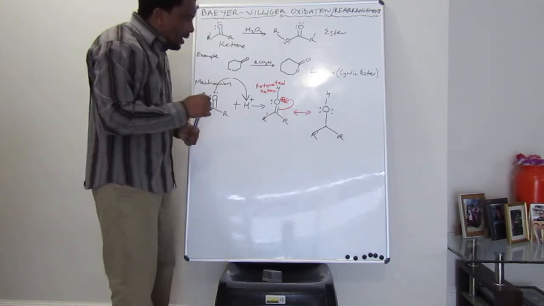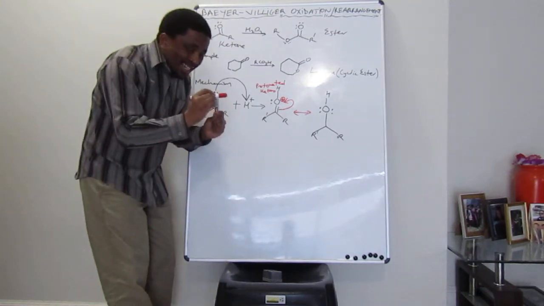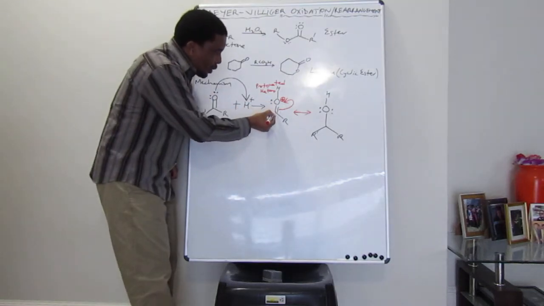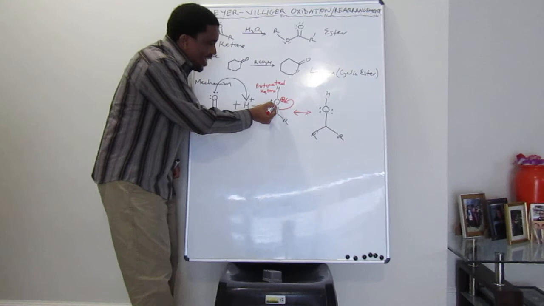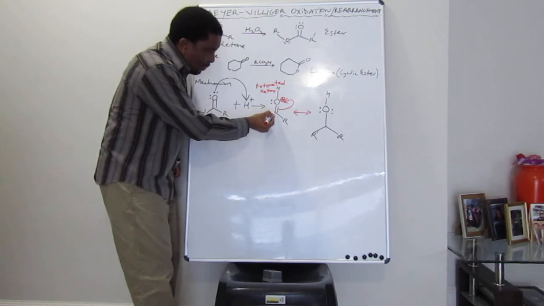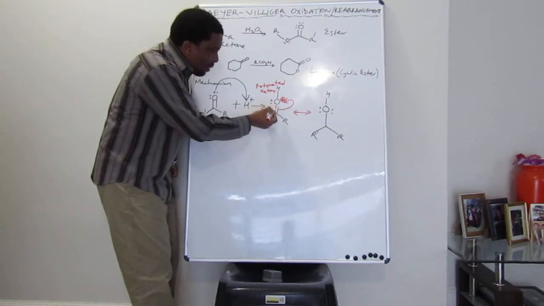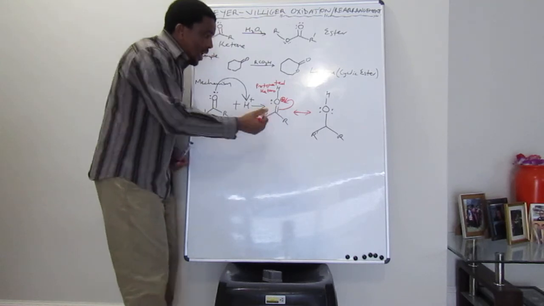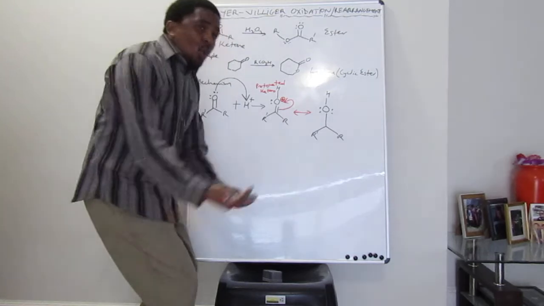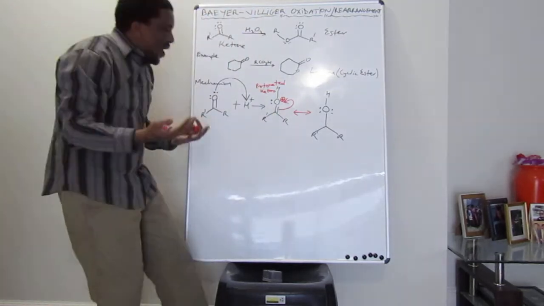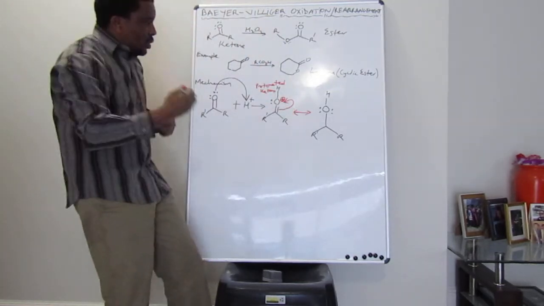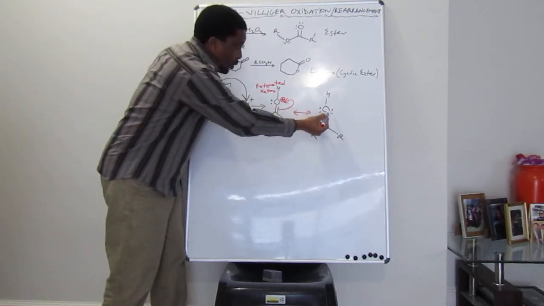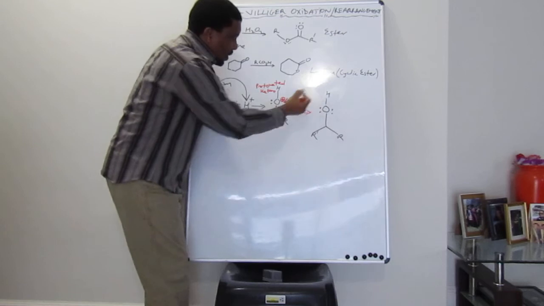Now, what is it that has happened here? Between your oxygen and your carbon atom, oxygen is much more electronegative than carbon. That's number one. Number two, oxygen is bearing a positive charge. And therefore, oxygen pulls the electron density towards itself to stabilize the positive charge.